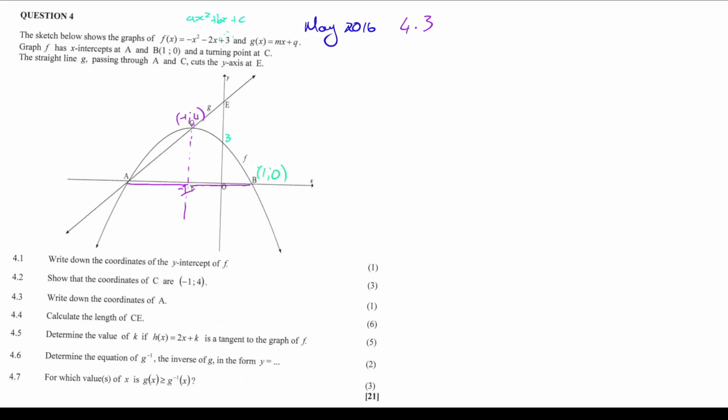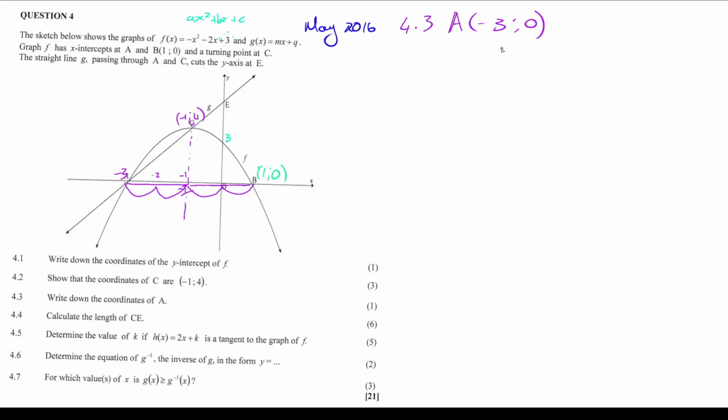So to go from -1 to 1, I went 1, 2. That means I'm going 1, 2 backwards. So if this is -1, this would be -2, and this would be -3. So I would straight up just say (-3; 0) for A.